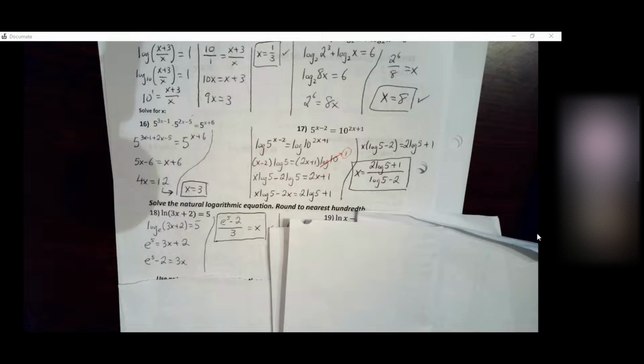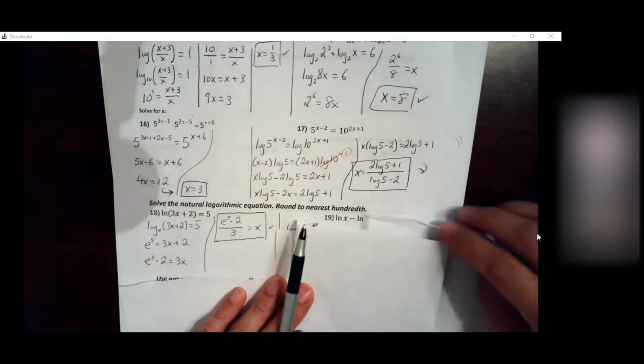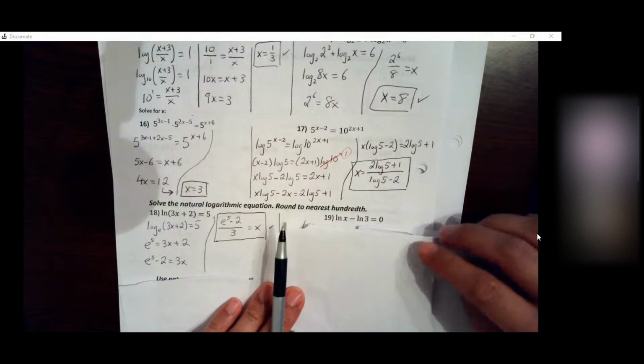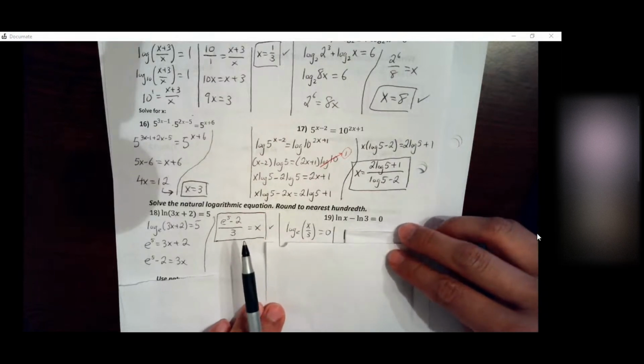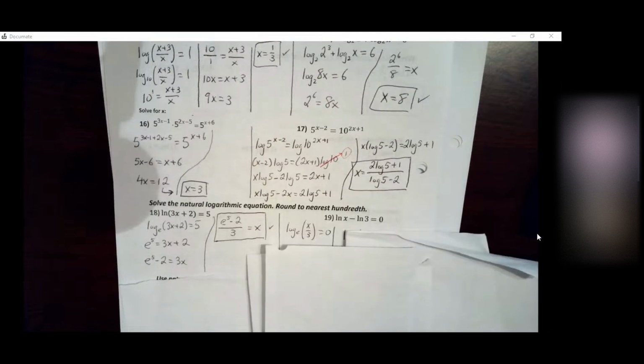First I'm going to condense this. So ln of x over 3 equals 0. So then log base e of x over 3 equals 0. E to the 0 equals x over 3.